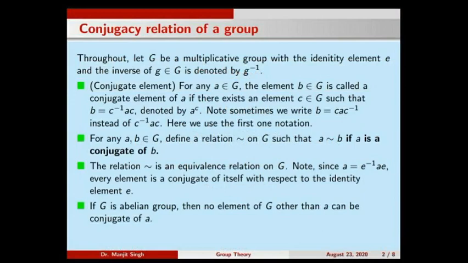First of all, we define the conjugacy relation of a group. Now we consider G a multiplicative group and e the identity element of the group.